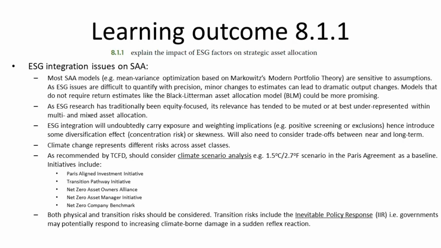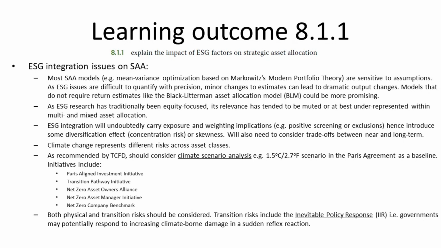And then there are a number of ESG integration issues on SAA. The first is that a lot of these are SAA models. The most familiar one is mean variance optimization, based on modern portfolio theory. Some of you may be very familiar with things like the efficient frontier. It is this kind of approach. But it is very sensitive to assumptions.